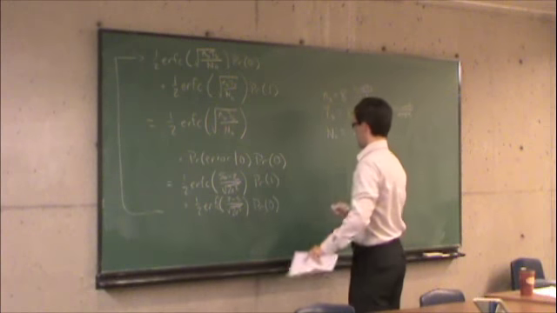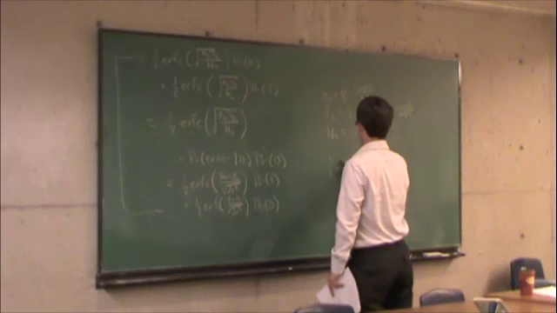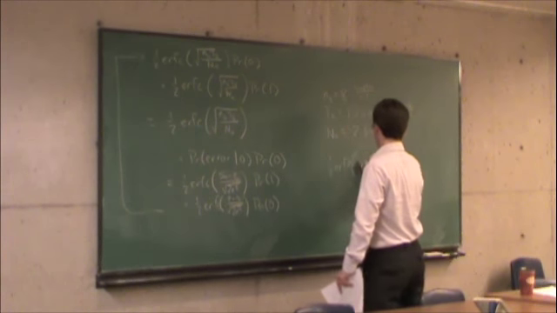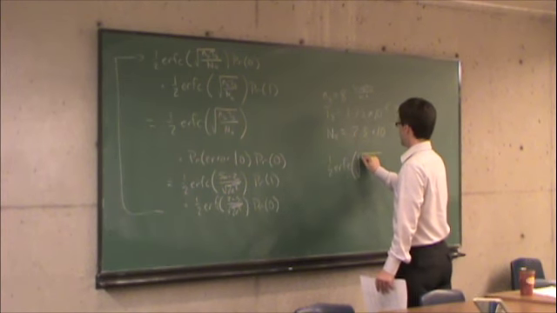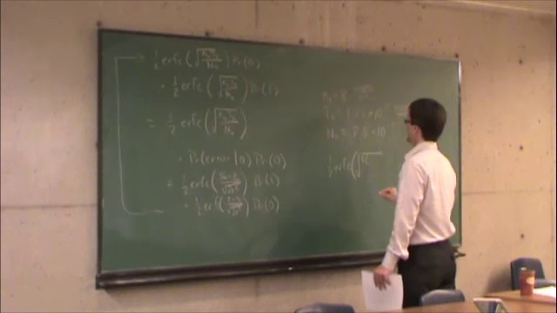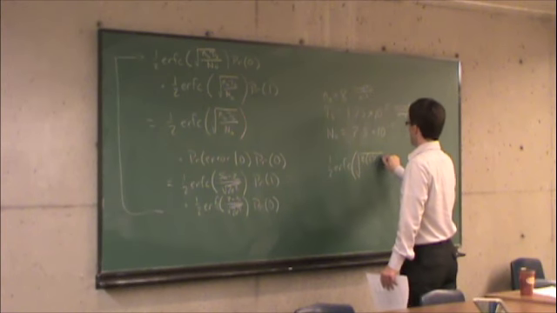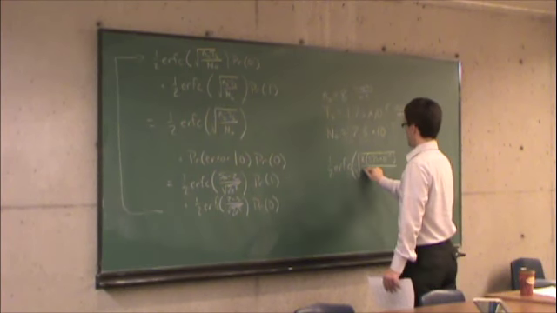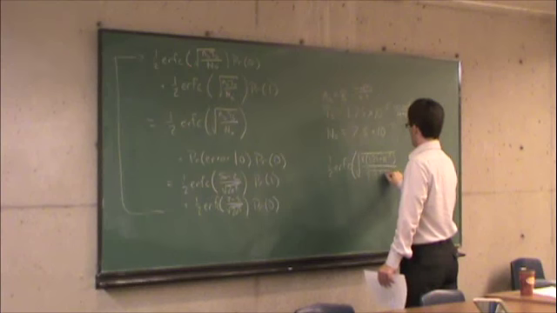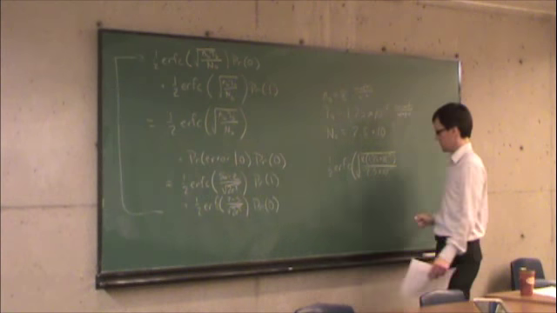Substituting them into this expression, we have 1/2 erfc of the square root of 8 times 1.25 times 10 to the minus 5 divided by 2.5 times 10 to the minus 5.